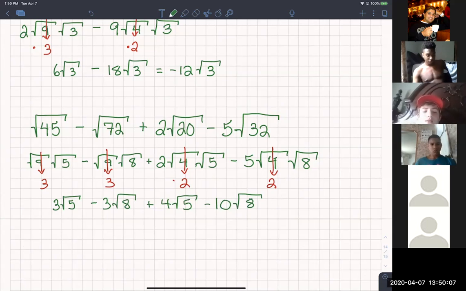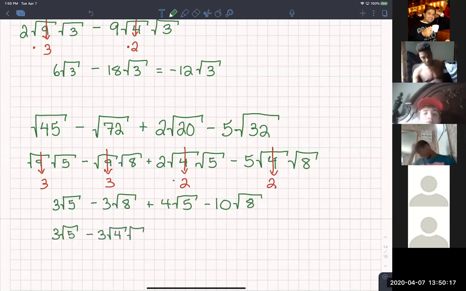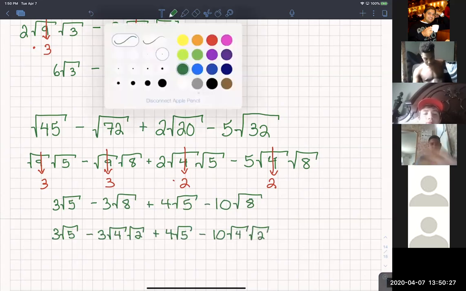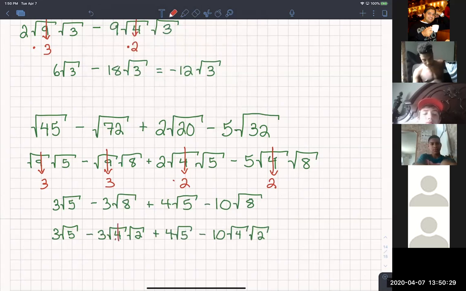Yes, 8 can be simplified, and 8 can be broken down into 4 and 2. Okay, and what do the 4s become when they come out from underneath the radicals? 2.